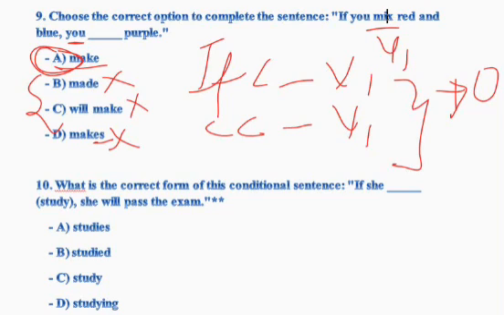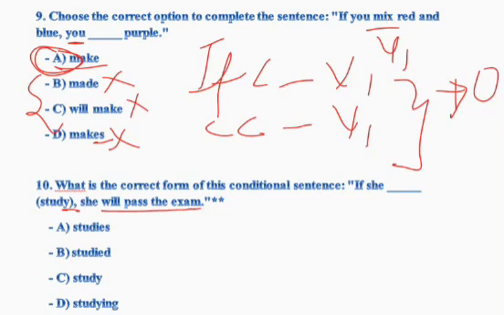Okay, and the last question says, what is the correct form of this conditional sentence? The conditional sentence says, if she dash, the verb given to be filled here is study, she will pass the exam.